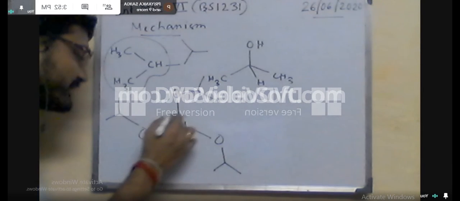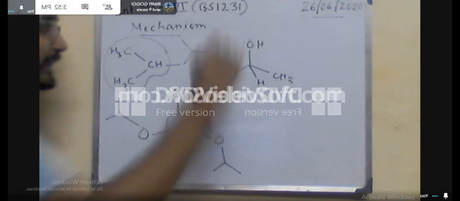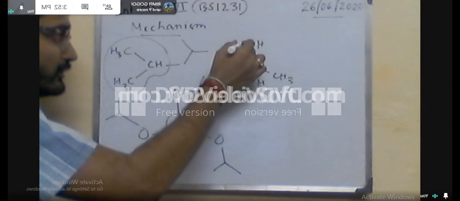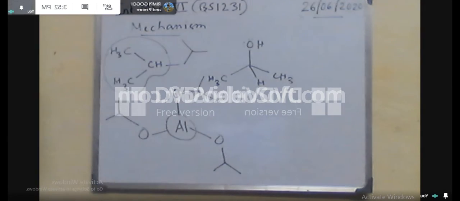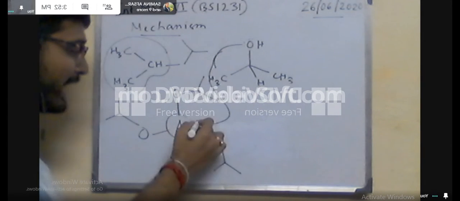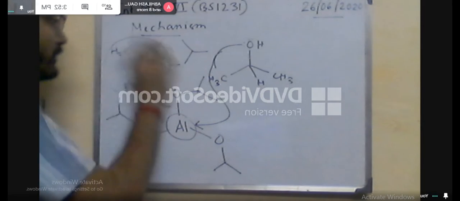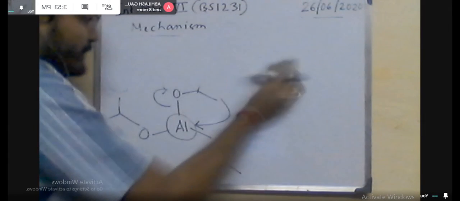Okay, so here you will get aluminium plus, minus. Now there will be the proton abstraction from here.